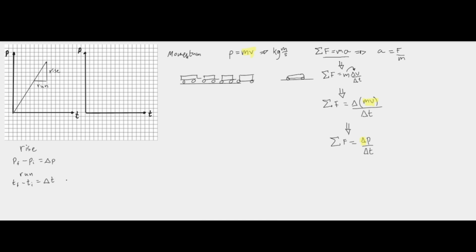So what is the actual slope then? The slope is the rise over the run. So that is delta P over delta t, which is just equal to the sum of the forces. This is equal to the net force.